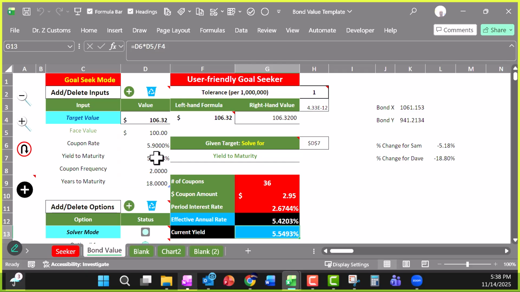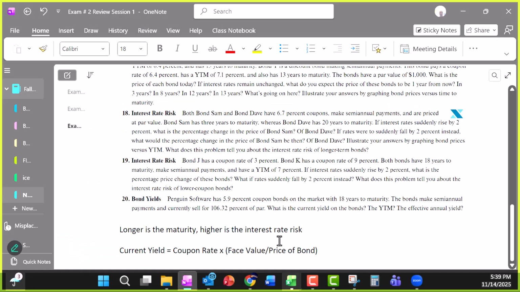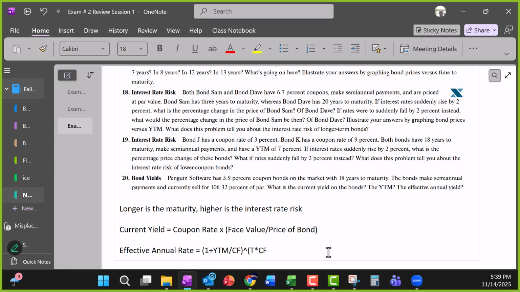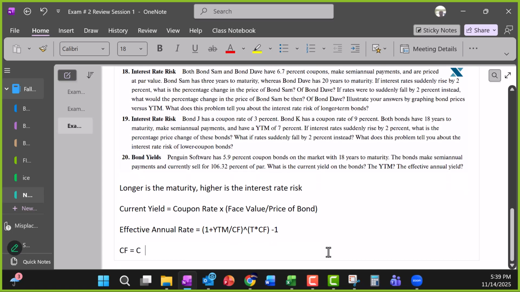The yield to maturity is an APR concept. Effective annual rate, let me write the formula. One plus yield to maturity divided by, let's call this CF, raised to the power, where CF is coupon frequency.